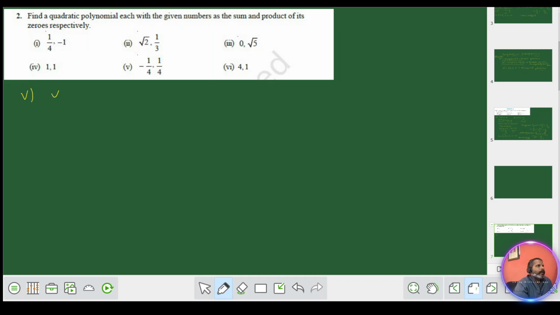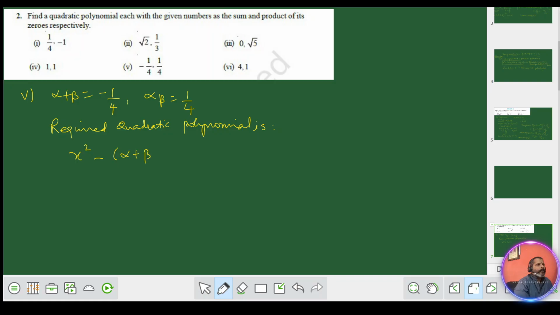The fifth one, assign the values: alpha plus beta is minus 1 by 4. Alpha beta is 1 by 4. Okay, again you write the required quadratic polynomial is x square minus alpha plus beta x plus alpha beta value.